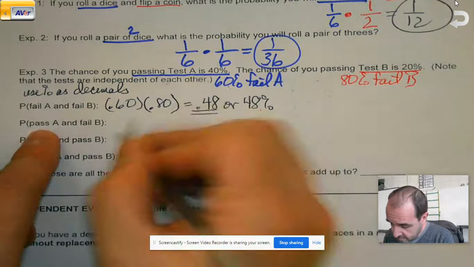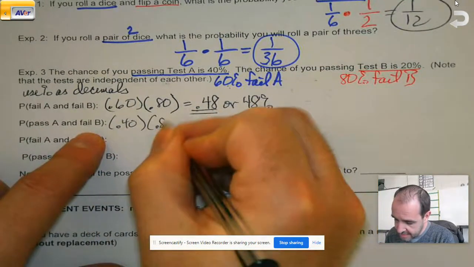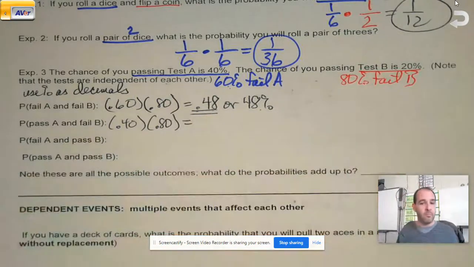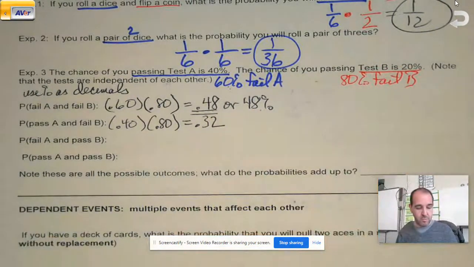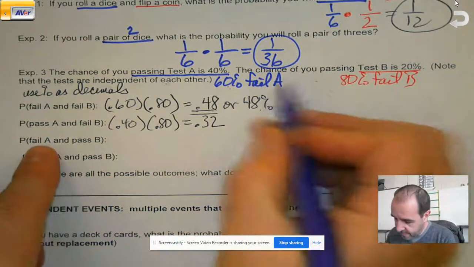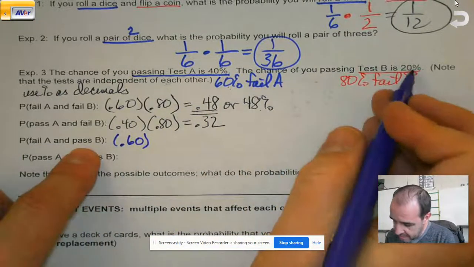Pass A, 40%. Fail B, 80%. Multiply the two decimals together. 0.32. And just keep rolling. Fail A, pass B, so just be careful.